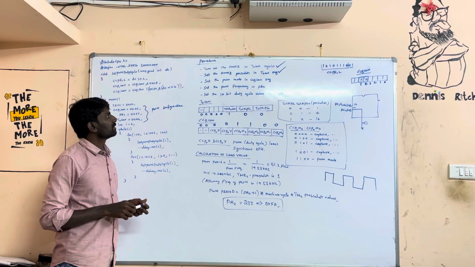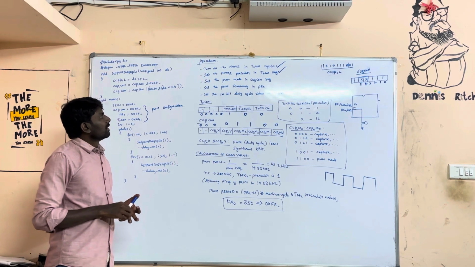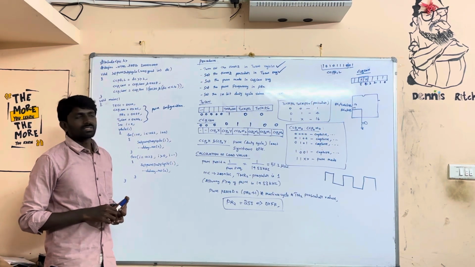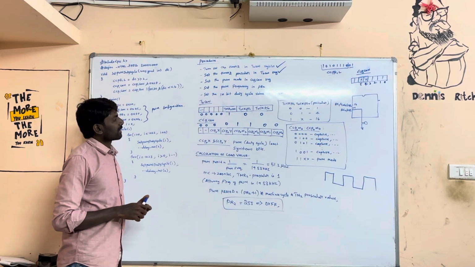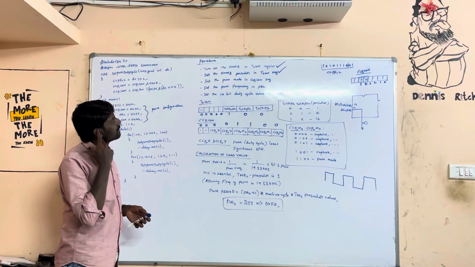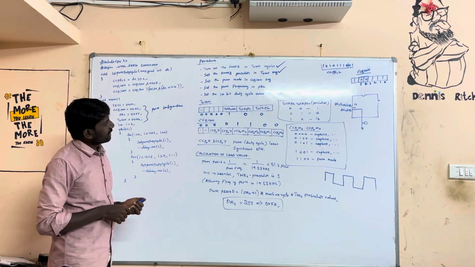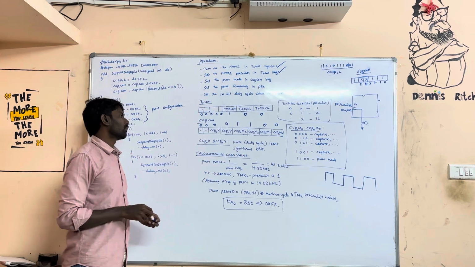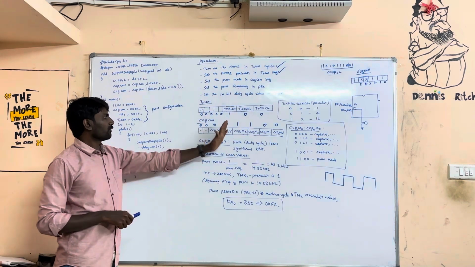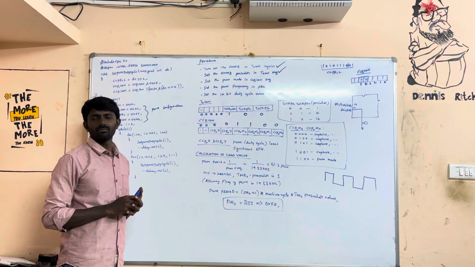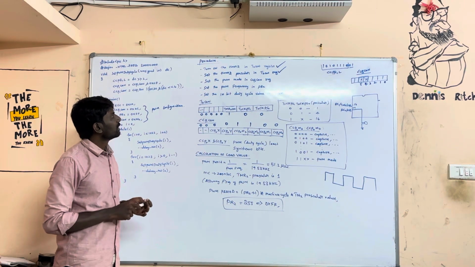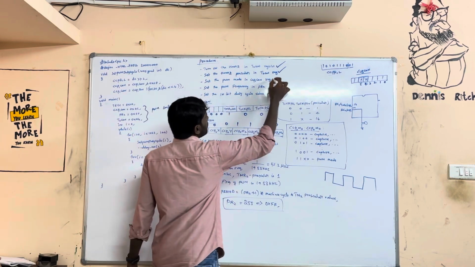It's clear? So PWM mode you are setting in the CCP1CON register by making these 4 bits 1100. Remaining bits we are not using for now, so we are making them 0. So the third configuration is done.